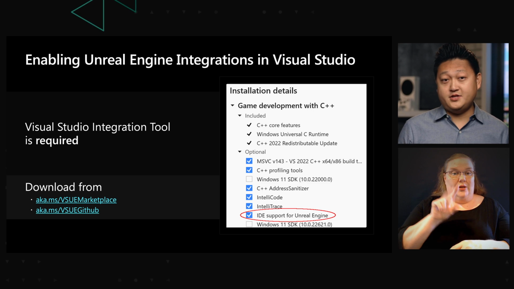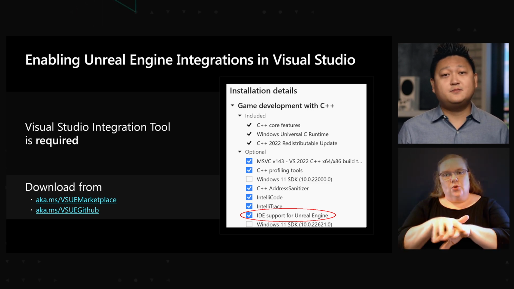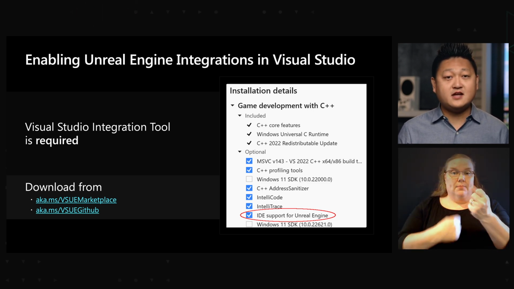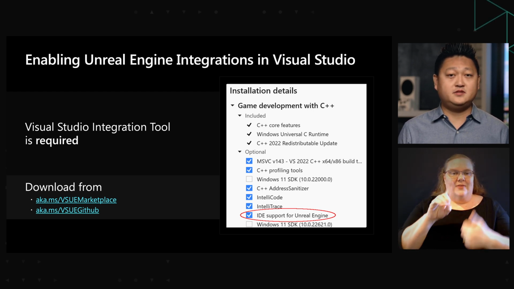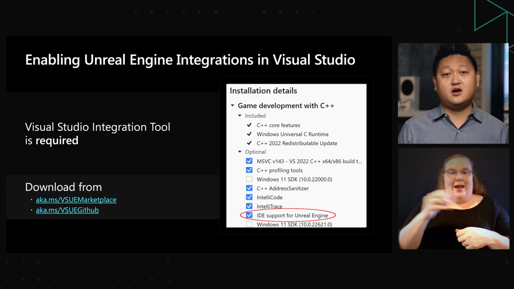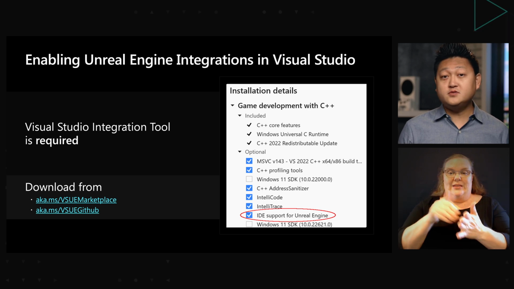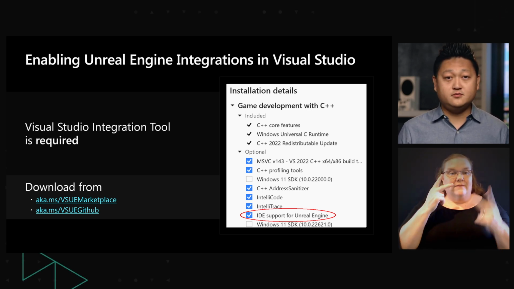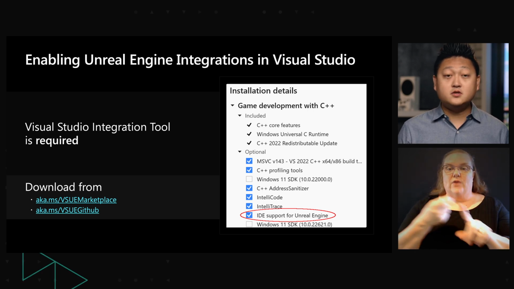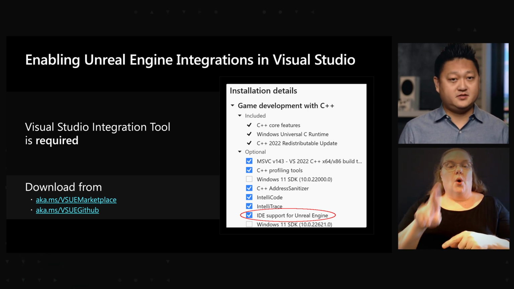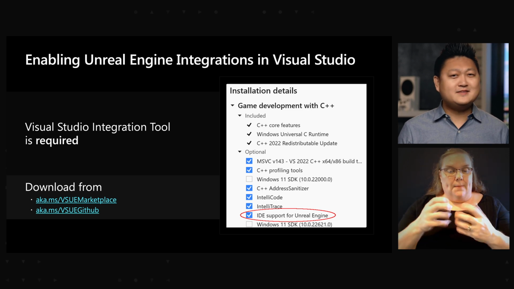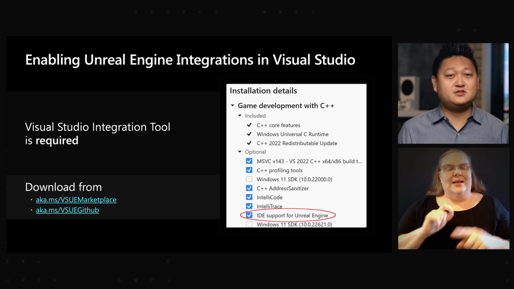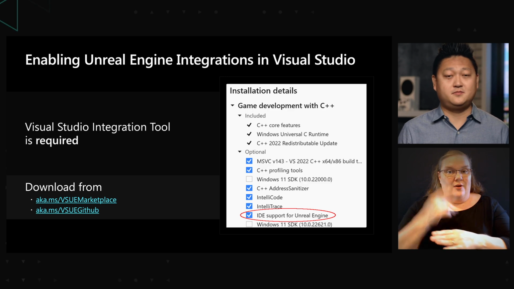To use these integrations, make sure the IDE support for Unreal Engine is checked in the game development for C++ workload in the Visual Studio installer. You will also need our free, open source Visual Studio tools for Unreal from GitHub or on the Unreal Engine Marketplace. Let's now talk about some of the cool new features in Visual Studio for Unreal Engine developers.